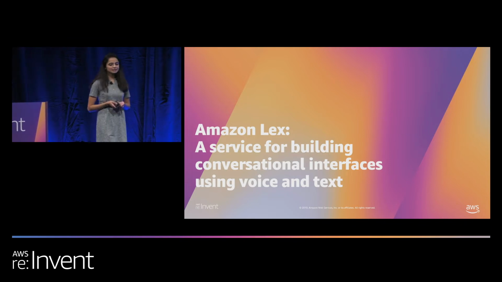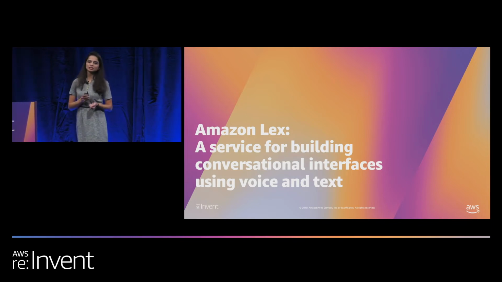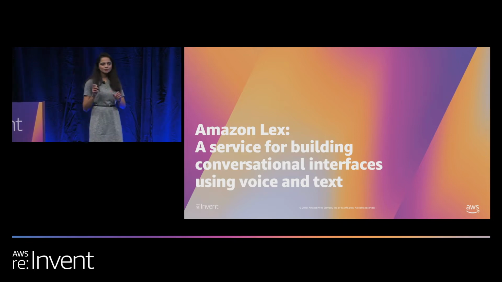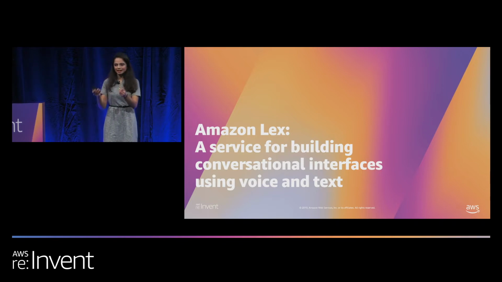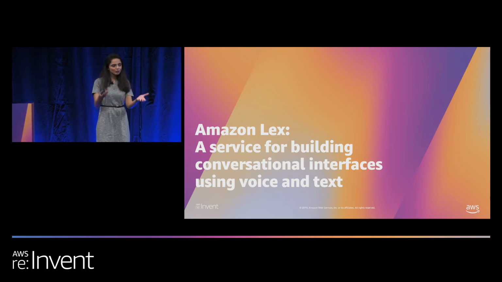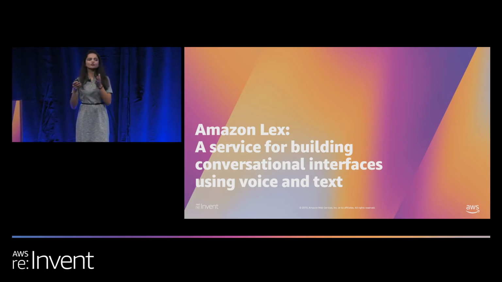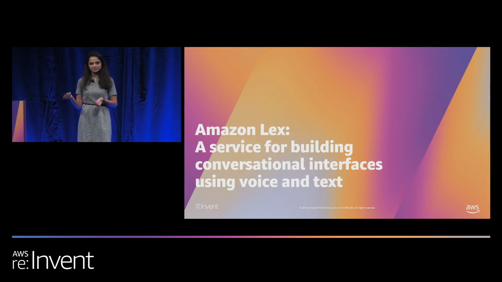So Amazon Lex is a service for building conversational interfaces using voice and text. OK, that's a mouthful. So what it actually means is you have a chatbot, and you're talking to it in your own language. That means in your own choice of words, rather than using certain texts or words that you're trained to use or click on buttons. So let's go back to basics, right?